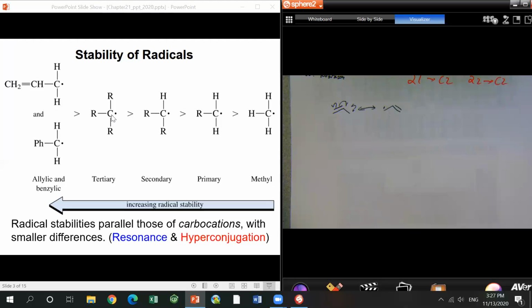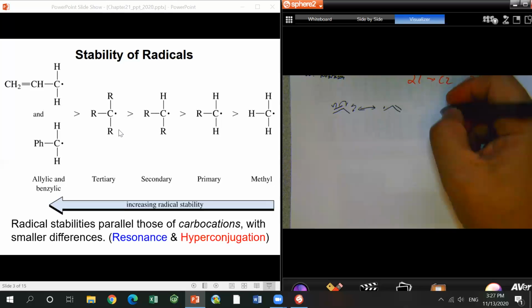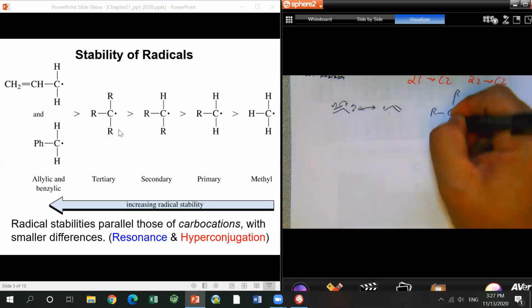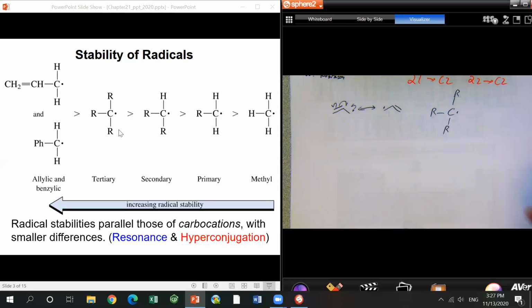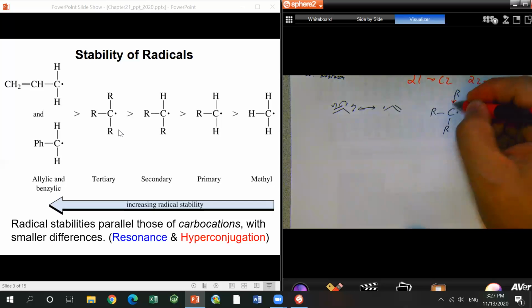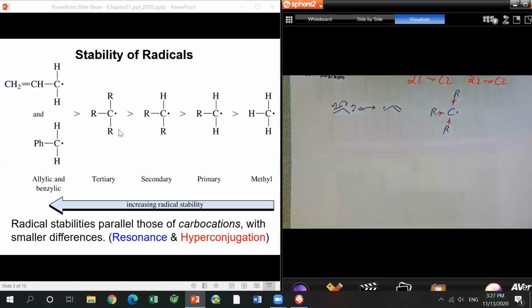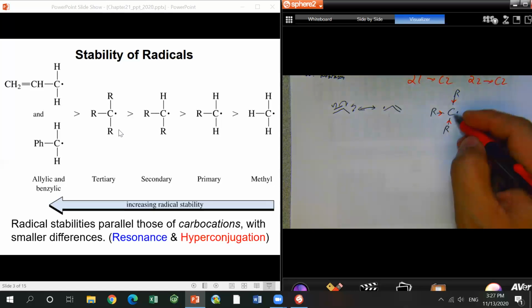So if you have more R groups, they can have hyperconjugation, donating electron density into the center radical carbon. That makes the center carbon not so electron deficient, and then it is stabilized.